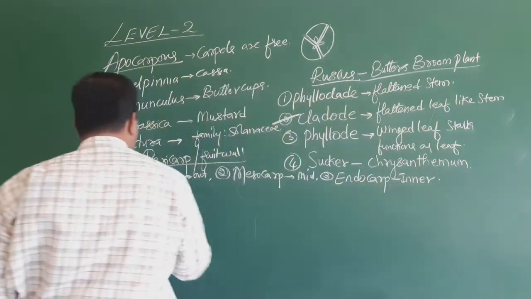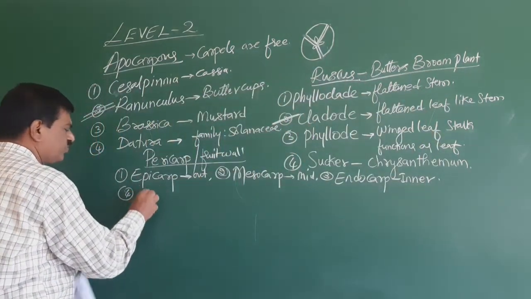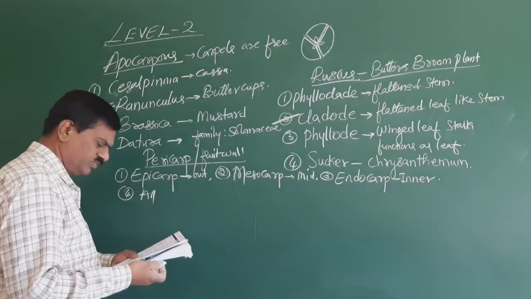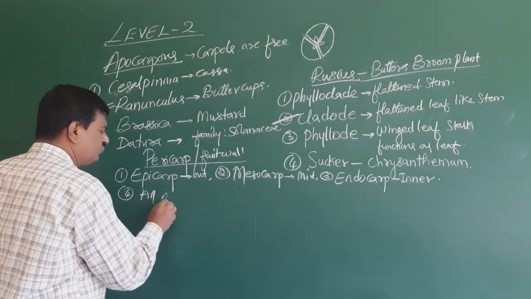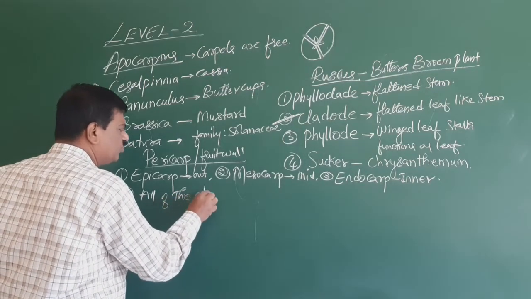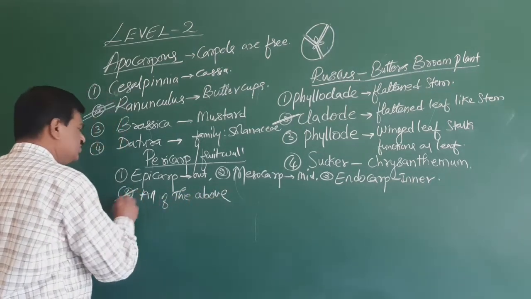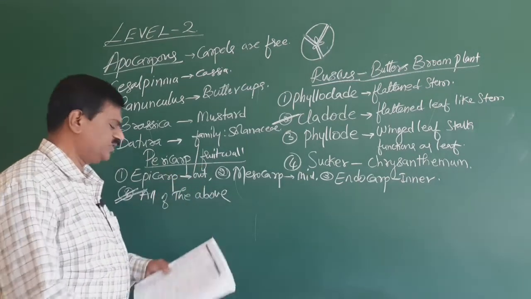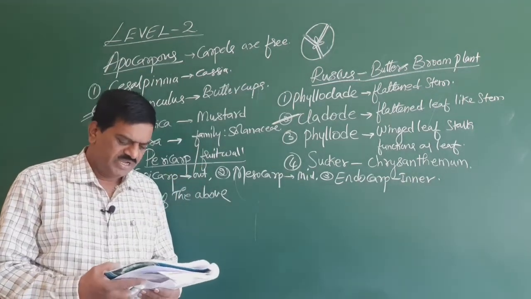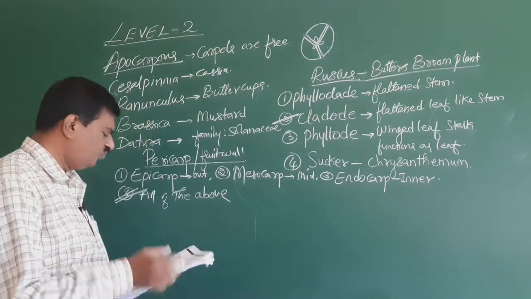And the fourth option is all of the above. The pericarp has all the parts, epicarp, mesocarp and endocarp. Hence the right option is the fourth option.